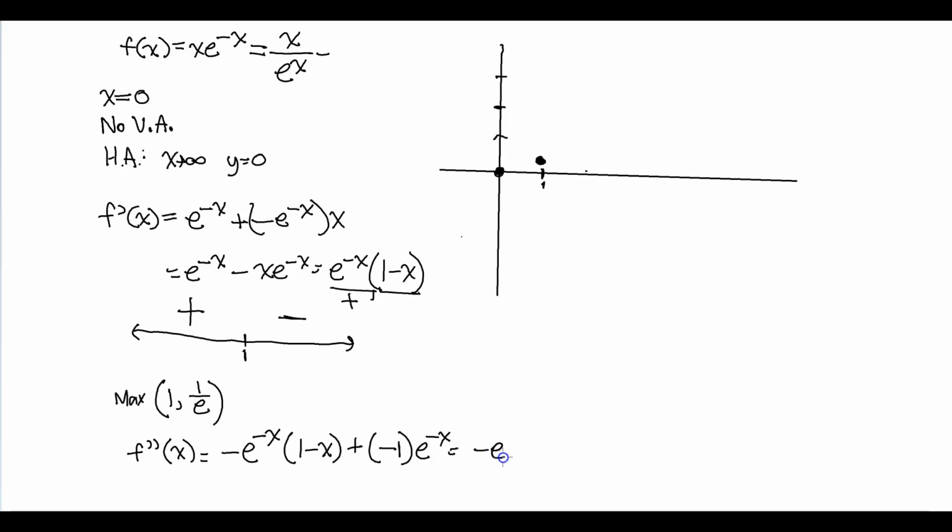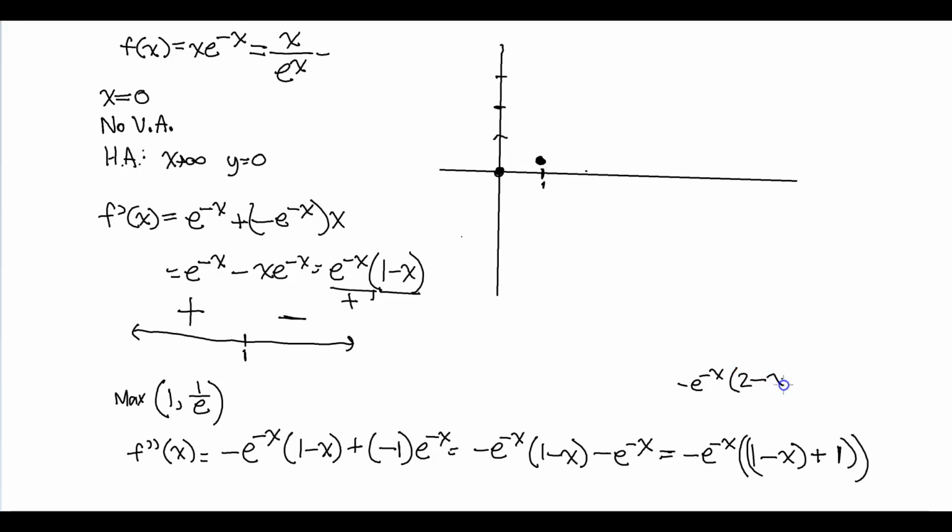So you have negative e to the negative x minus negative e to the negative x times 1 minus x. If we factor out negative e to the negative x, you get 1 minus x plus 1. So you get negative e to the negative x times 2 minus x.